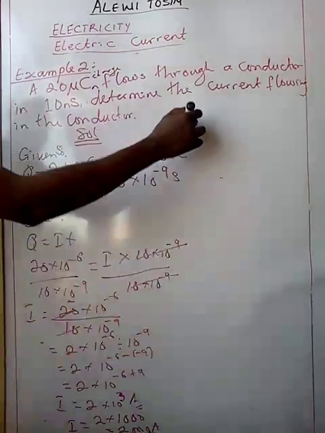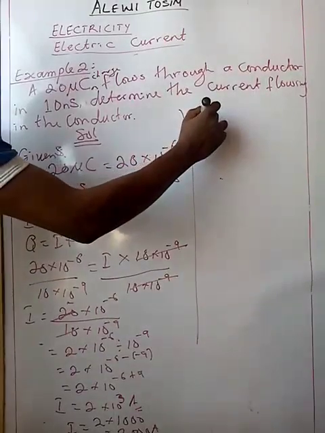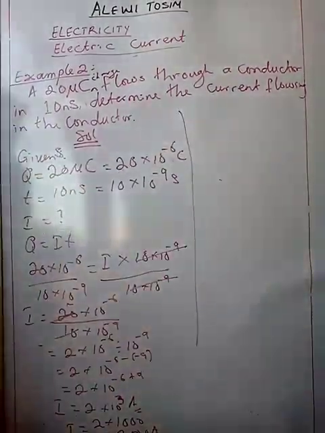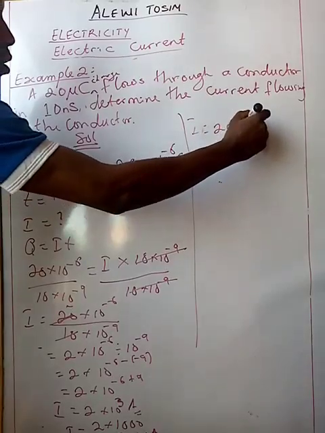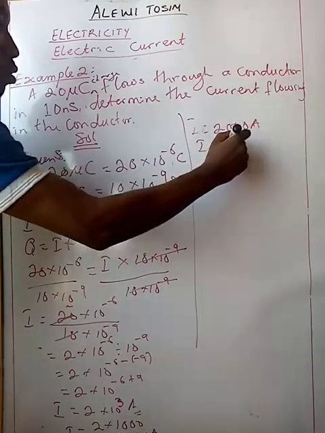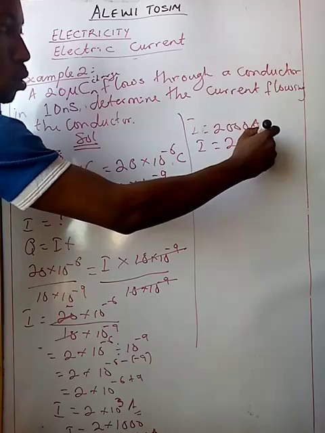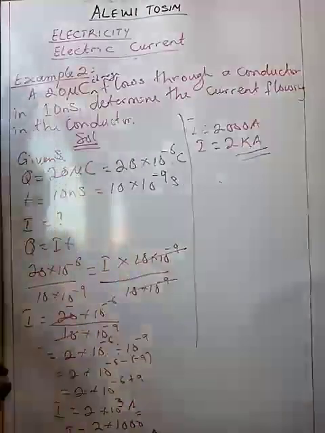Now, our 2000 ampere can still be written, depending on the options, as 2 kiloamperes. Final answer.